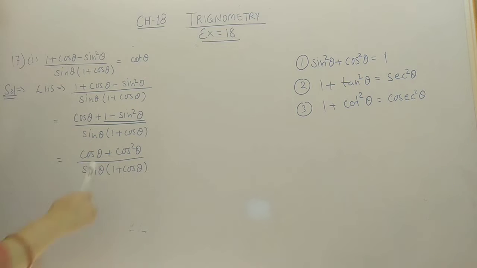Now from the numerator, cos θ and cos²θ, we can take cos θ as common. Then in the bracket we will get 1 plus cos θ, divided by sin θ (1 + cos θ). So this whole bracket, 1 plus cos θ, will cancel out. Then we have cos θ by sin θ, which is equal to cot θ, and we got the right side.